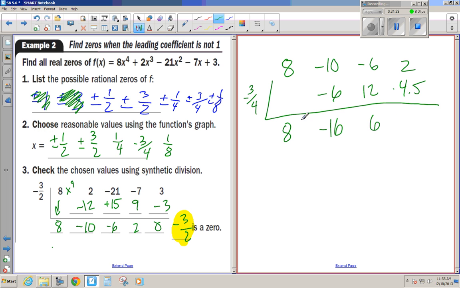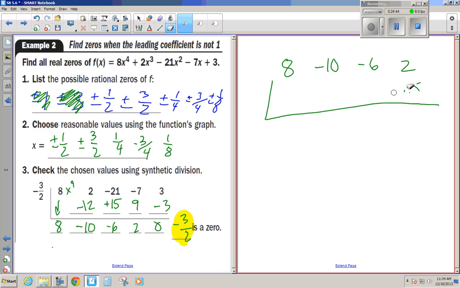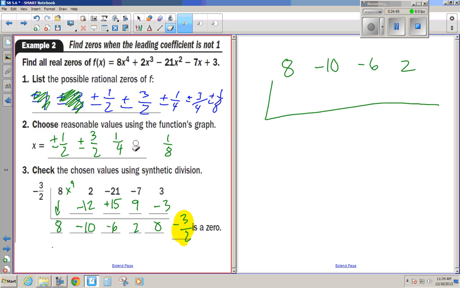Not going to give us 0. So negative 3/4 does not work. So thankfully I can erase easily. You should just go ahead and rewrite. So what was that? Negative 3/4 is not a solution.